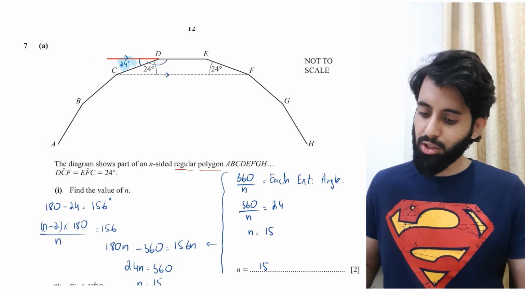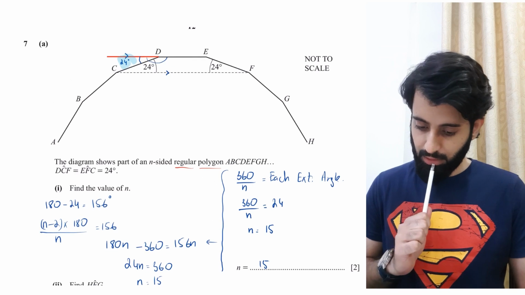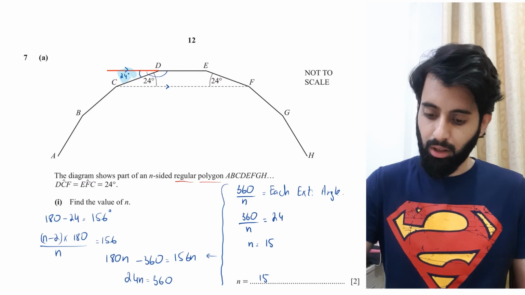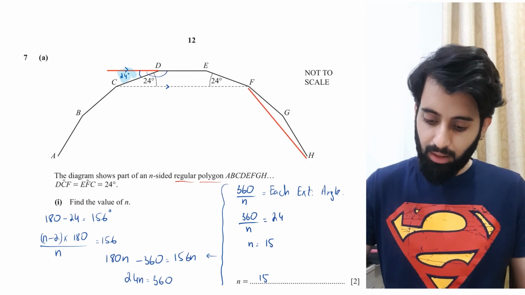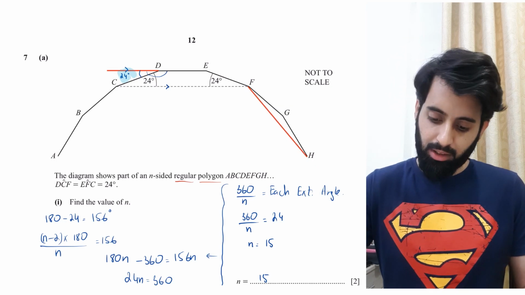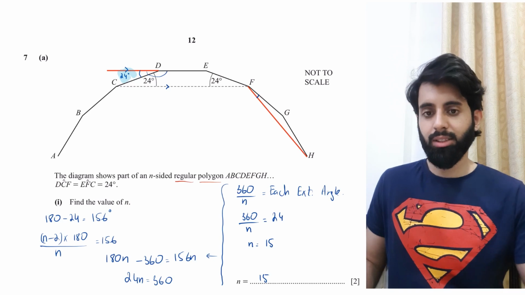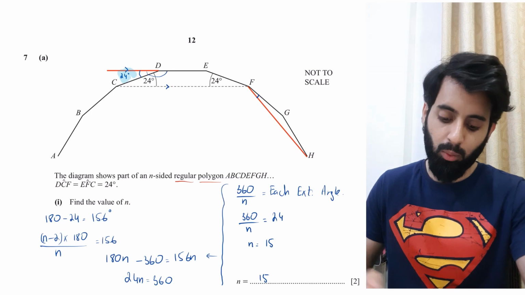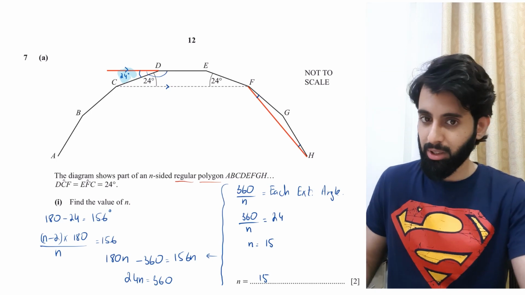And then you have HFG. All right, HFG basically means, let's make a triangle out of it first. So basically the question is asking you to work out this angle. Now something tells me that this is going to be an isosceles triangle. Am I guessing or am I assuming that it's an isosceles triangle?